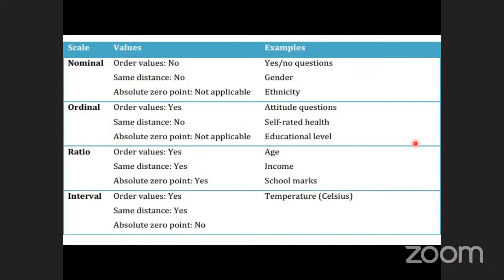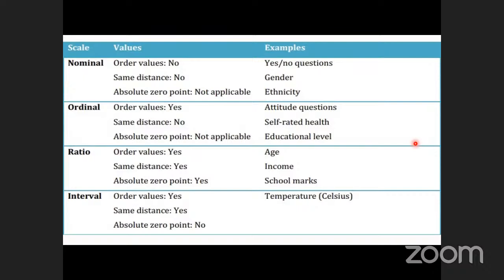But if the answer to that is yes, then it cannot be nominal. Do you get that? So if I have an order, but I don't have an equal distance, then we're under ordinal data.